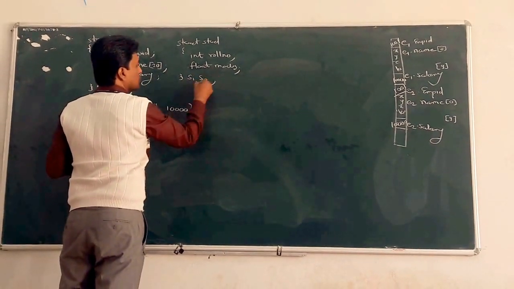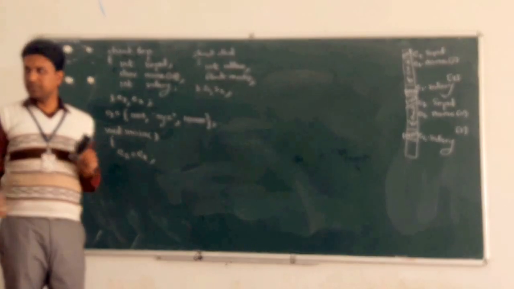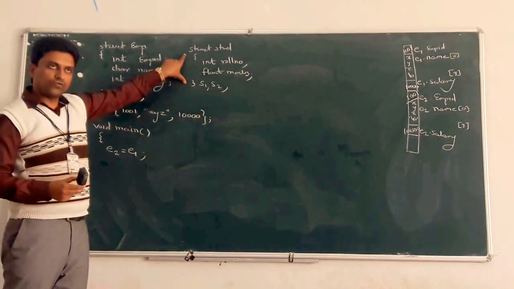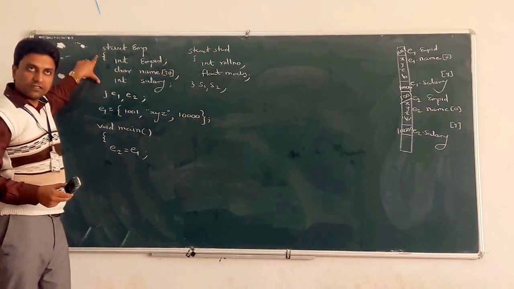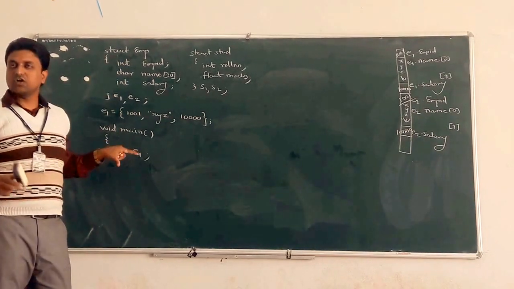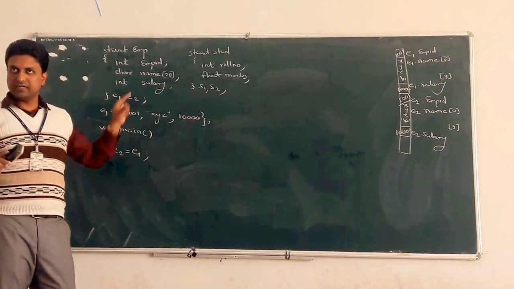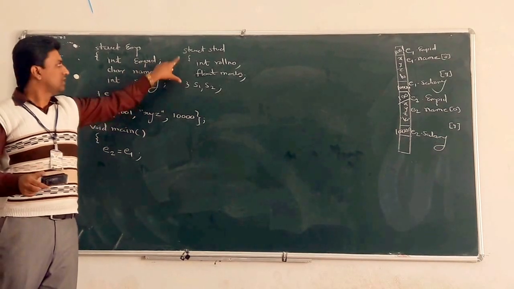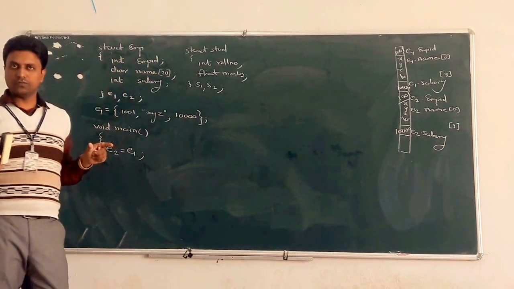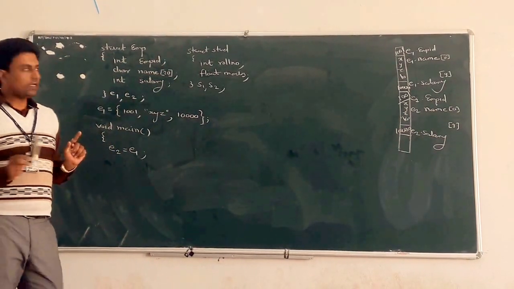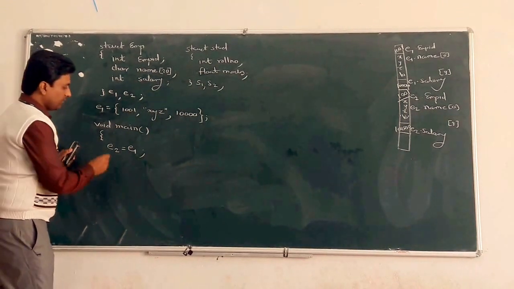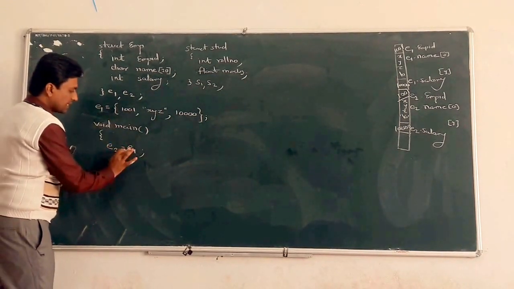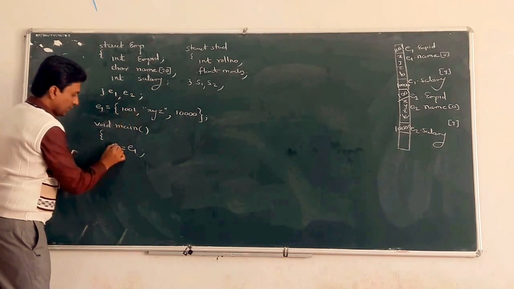S1 and S2 are the two structure variables. We can write struct stud first, and after that struct employee, or the other way around. While typing in your IDE, you can type this first or that first, no problem. Okay, clear.